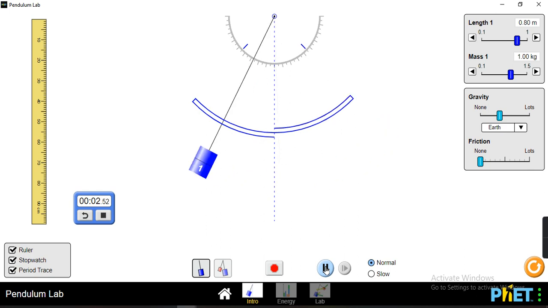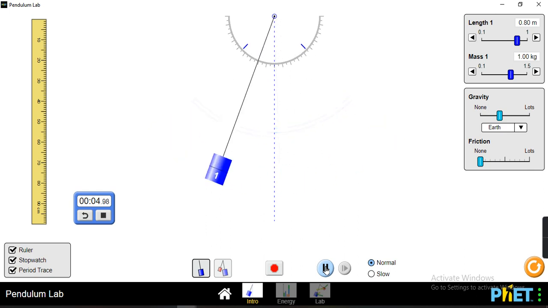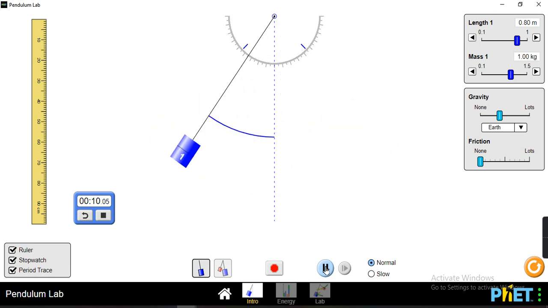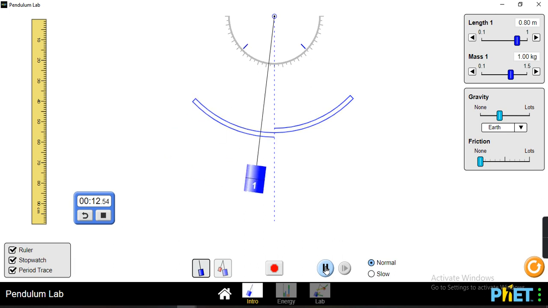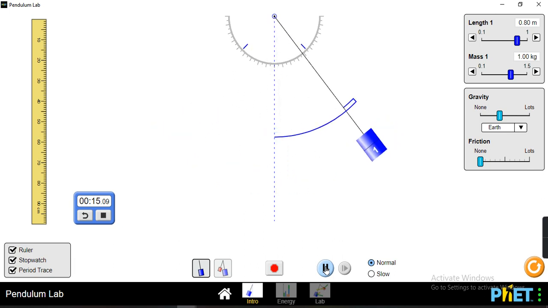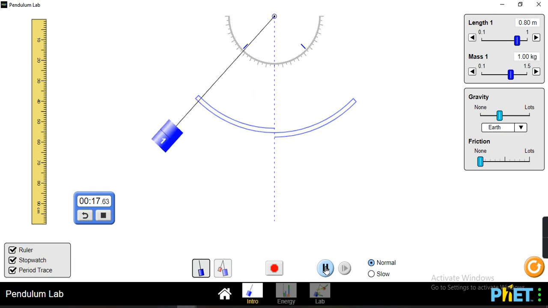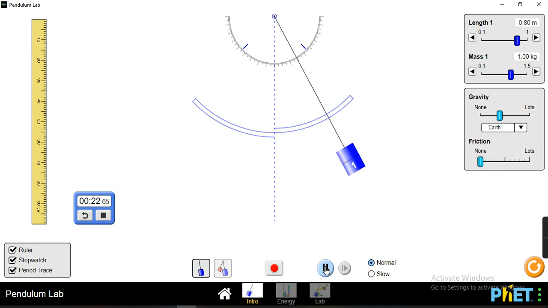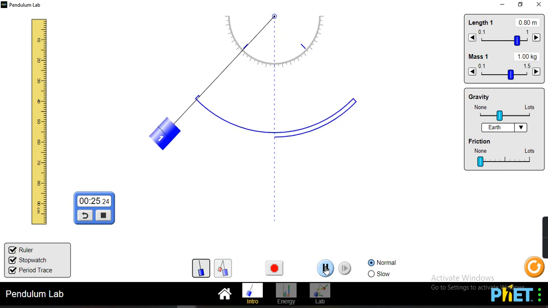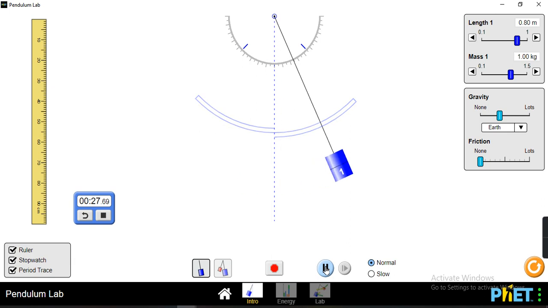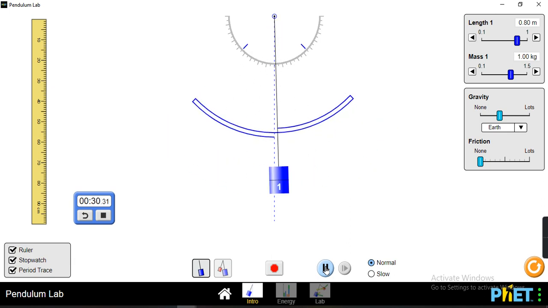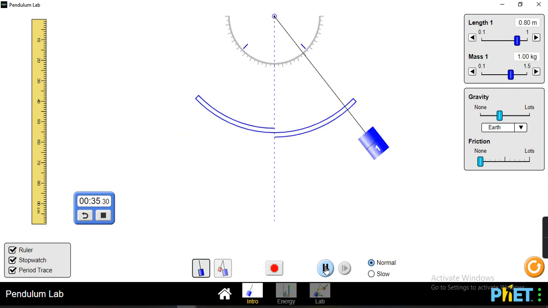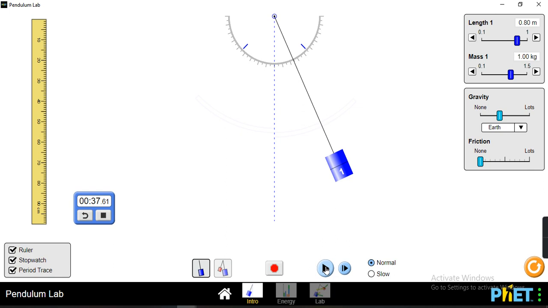It is 1, 2, 3, 4, 5, 6, 7, 8, 9, 10, 11, 12, 13, 14, 15, 16, 17, 18, 19 and 20.